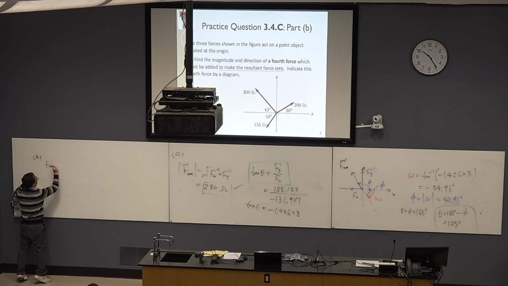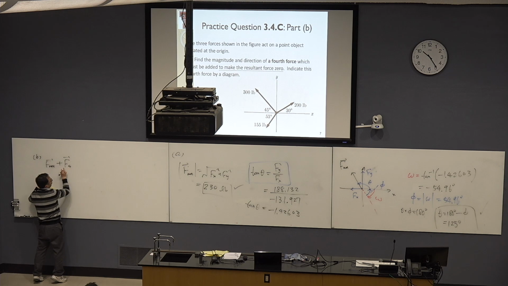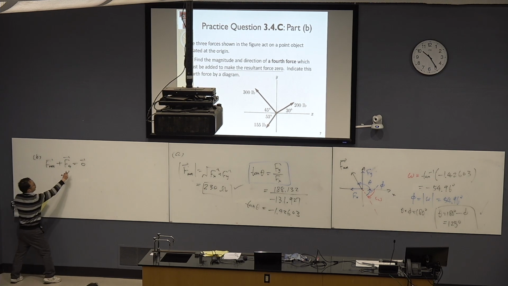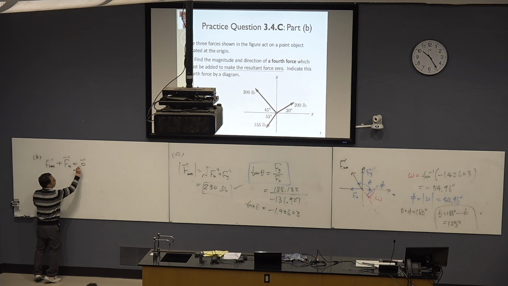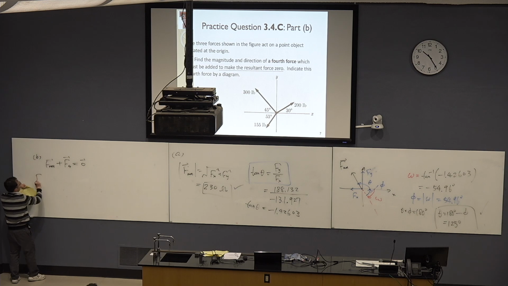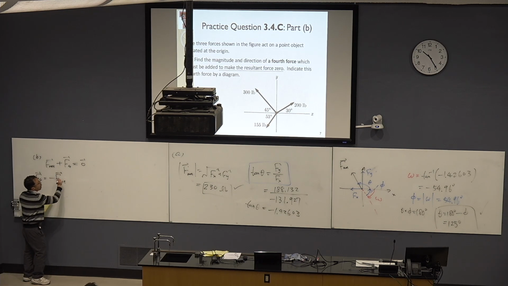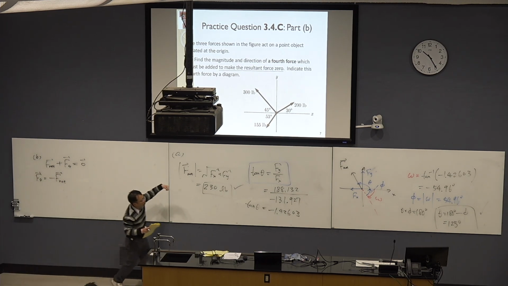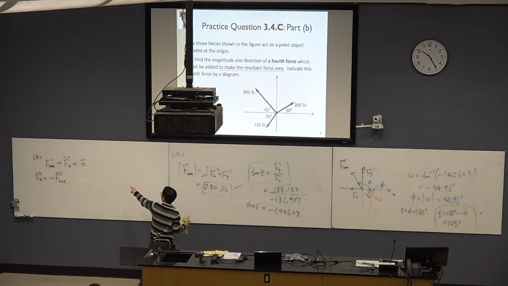The F net plus the new vector equals the 0 vector. So the new F net is 0. Here the 0 hat means all the components are 0. Therefore F4 should be equal to negative of F net. That means you need to grab the two components of your F net and multiply them by -1.